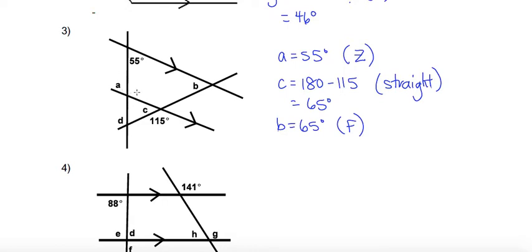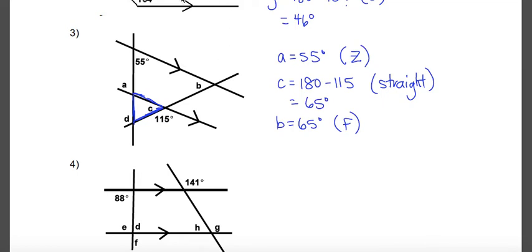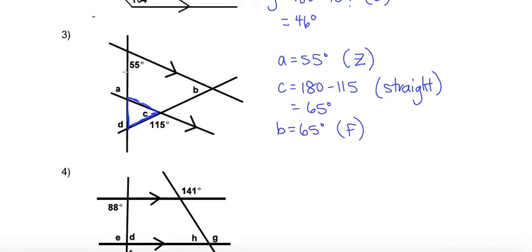I know that this forms a triangle. So I can use my information about triangles to help me find the value of D. This is one strategy that you could use. I know that this inside angle right here is going to be the same as A. And A, we said, was 55 degrees. So this angle right in here is 55 degrees.